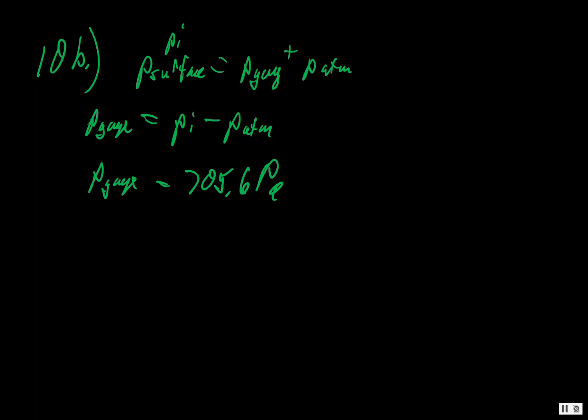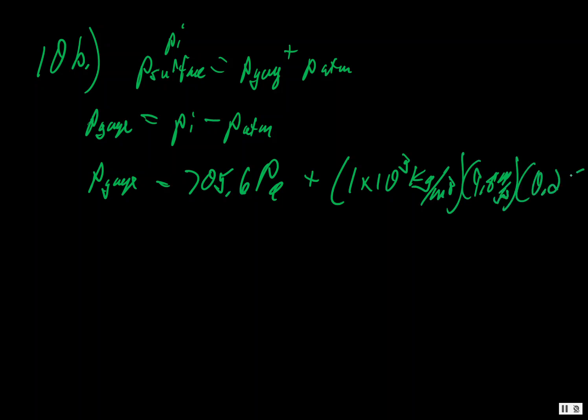Well, the pressure due to the depth of the fluid is equal to plus 1 times 10 to the third kilograms per meters cubed times 9.8 meters per second squared times 0.25 meters. Okay? 0.25 meters. And so that comes out to be what?